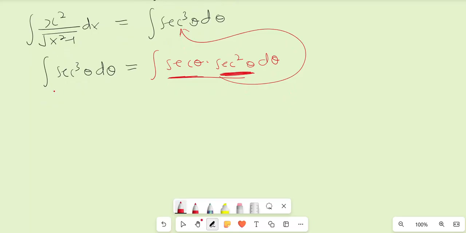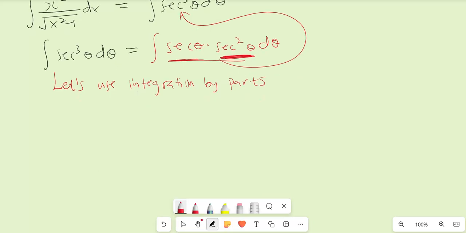So let's use integration by parts. So we have D and I. Which one are we differentiating? We are differentiating secant theta.